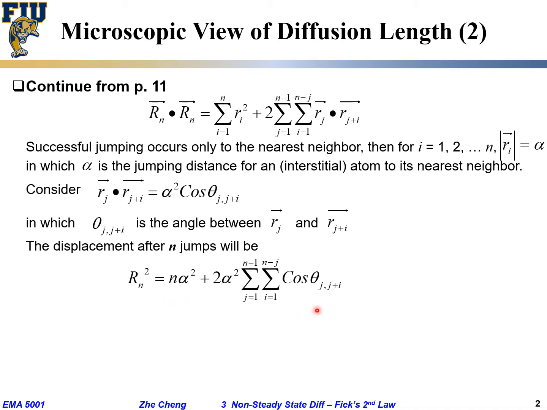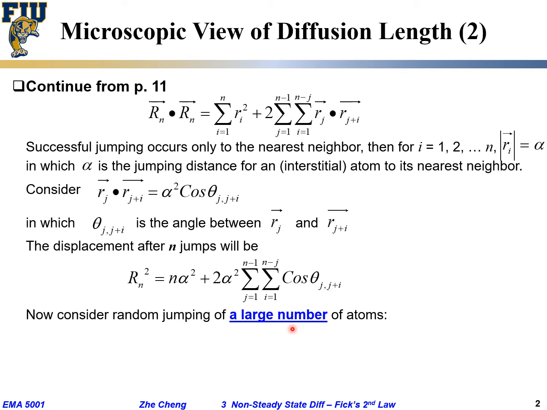Okay. Now, are we considering only one atom jump? No. In the beginning we said, okay, one atom jumps N steps. But overall, quite often, we are only concerned with the average over a large number of atoms. Make sense? In the end, I'm not concerned with only one atom.